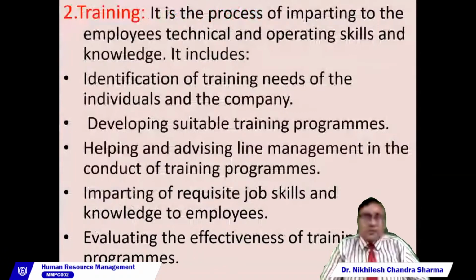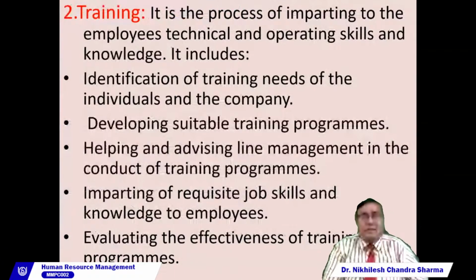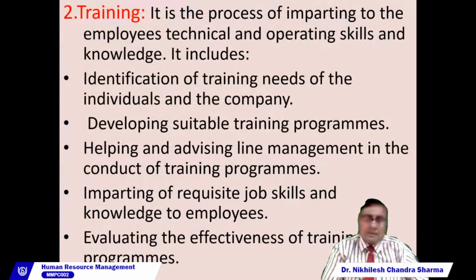It is the process of imparting to the employees technical and operating skills and knowledge, known as training. Training is further divided and classified: on the job training, off the job training.